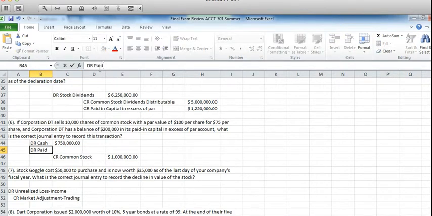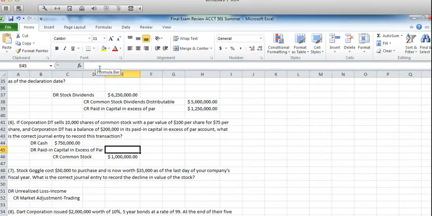First thing I do is I look at my paid-in capital in excess of par account, and whatever's left in there, and here we see in the question that there's $200,000 in there, I can use all of that to cancel out this less than par value sale that I'm making.